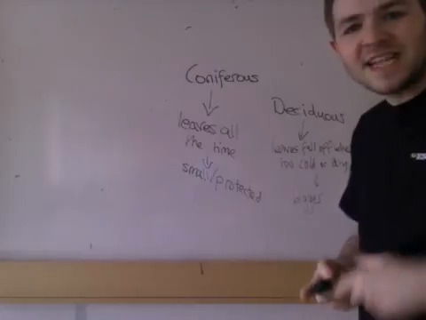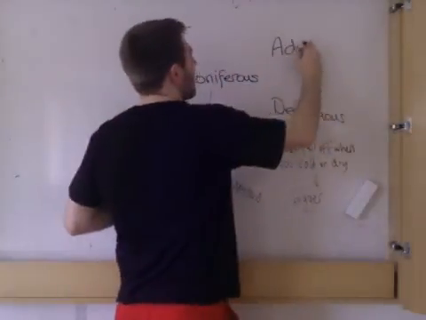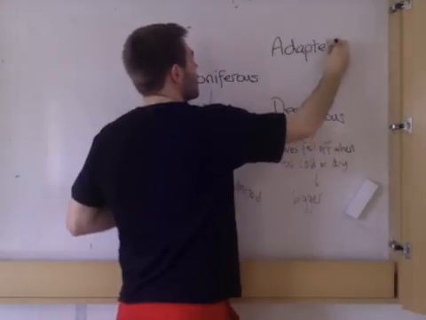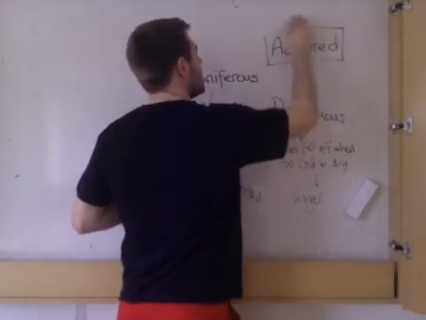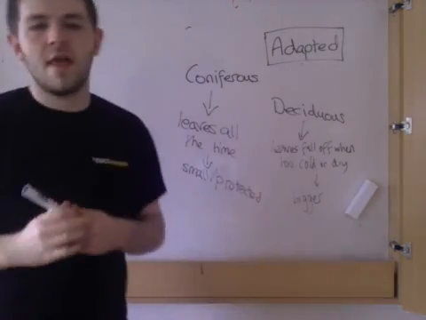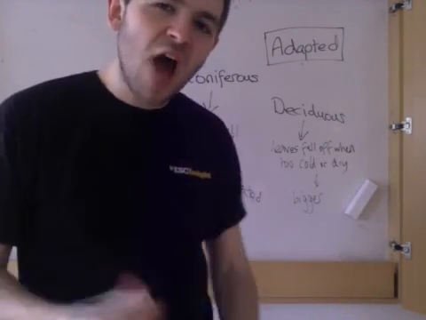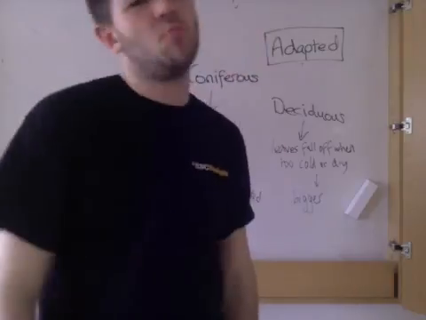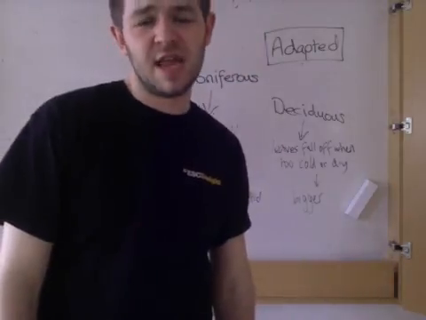The best plants are adapted, and that's the word we will talk about in ecology the most. Adapted. Adapted is how something is awesome for living in the place it is.